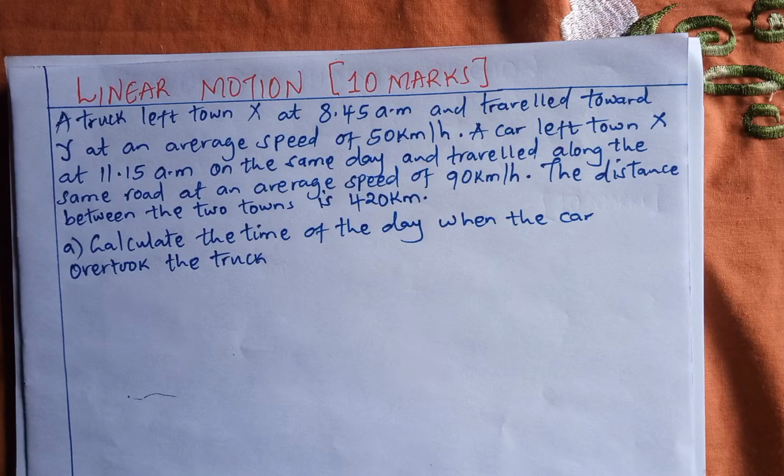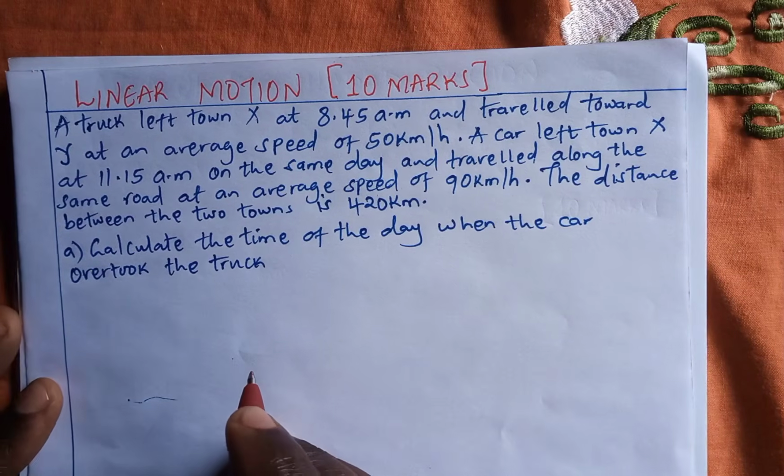A car left town X, the same town, at 11:15 a.m. on the same day and traveled along the same road at an average speed of 90 kilometers per hour. The distance between the two towns is in fact 420 kilometers. You're supposed to calculate the time of the day when the car overtook the truck.